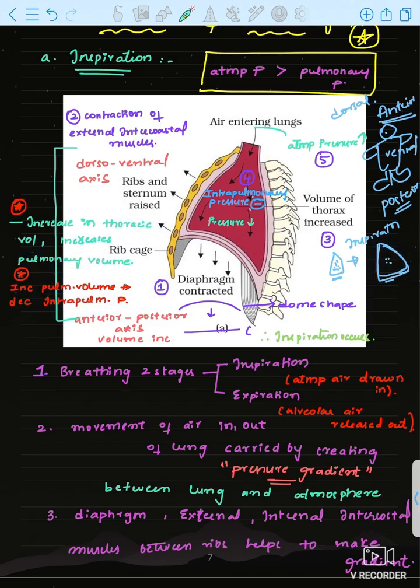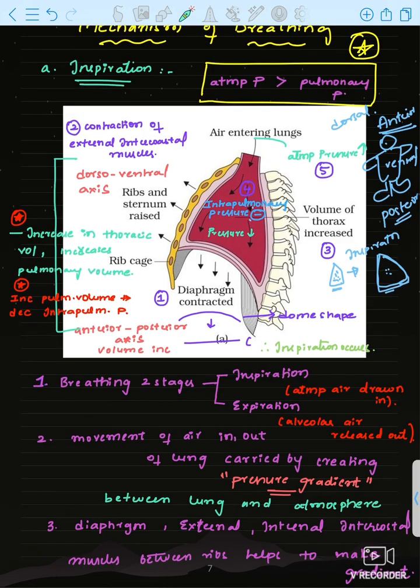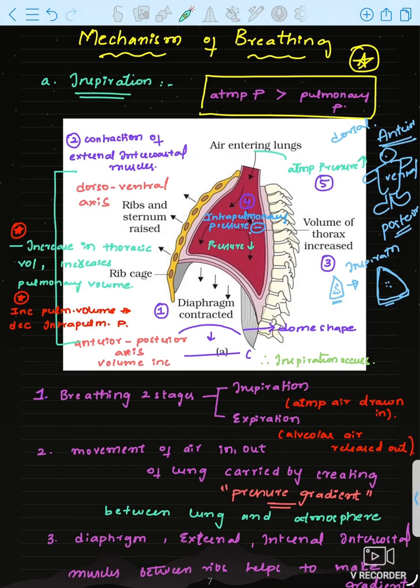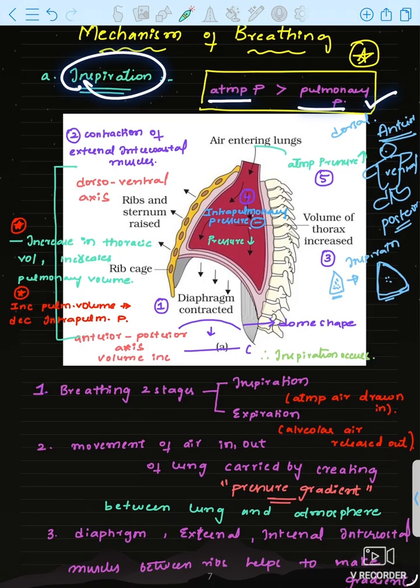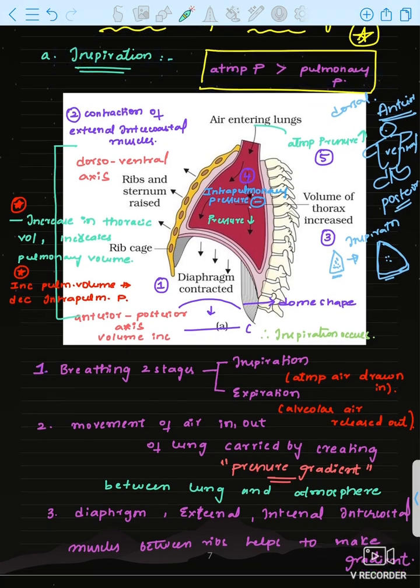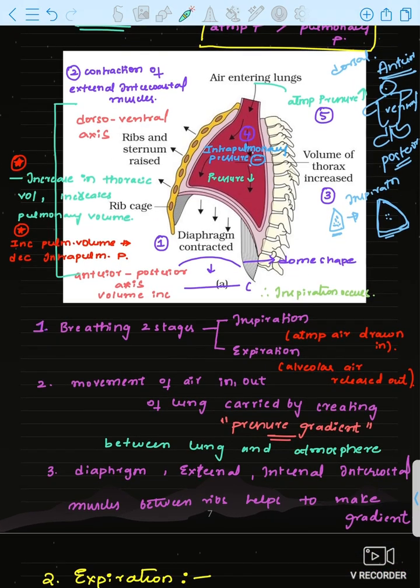See students, all the points which I am discussing are from NCERT. If you read and understand this, then NCERT will be very easy for you. So in inspiration, atmospheric pressure will be more than pulmonary pressure. So this is all about inspiration.